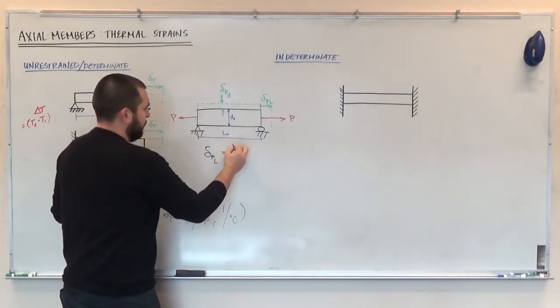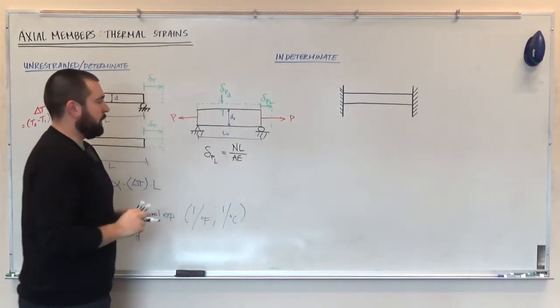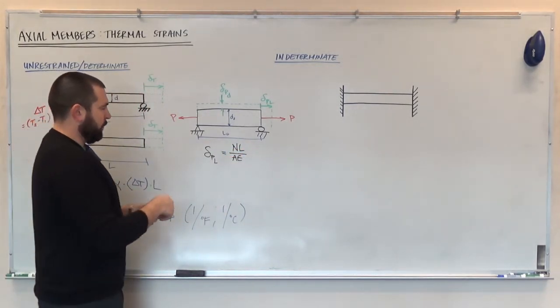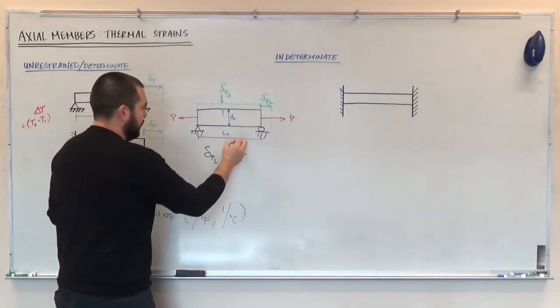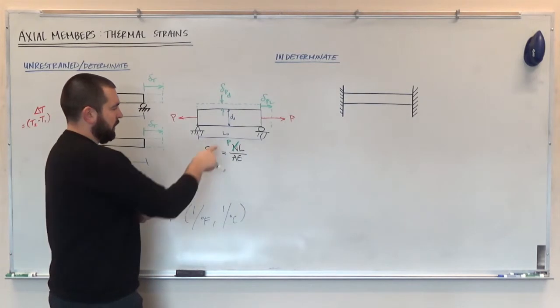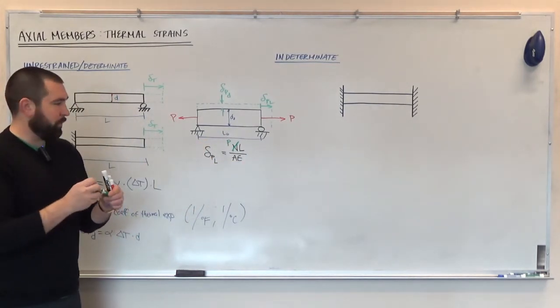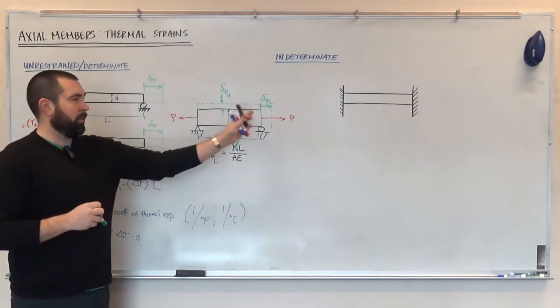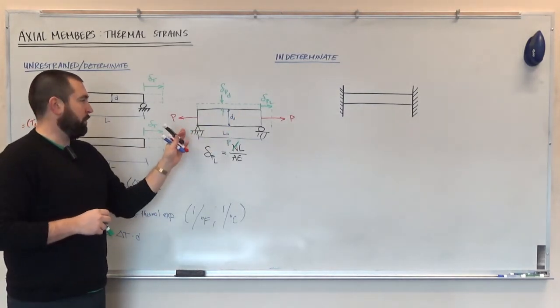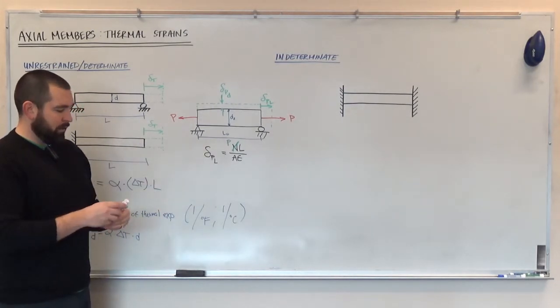So I can say NL over AE. The internal normal force in this case is just going to be equal to P. If we did a quick free body diagram and section cut, L is just equal to L, and A and E we're assuming are given for this problem. So the change in length in the longitudinal direction is going to be positive if P is positive, and we can calculate it pretty easily.